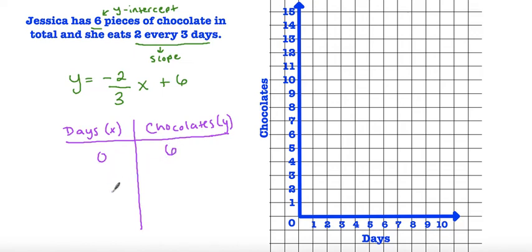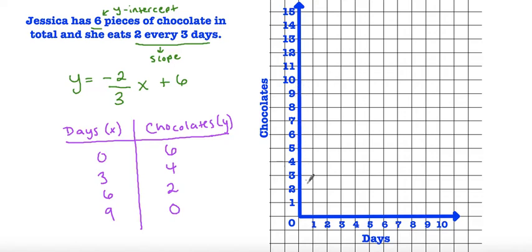So here we could count up by 1 day at a time, but we'll get a fraction for the chocolates. Instead, we could count every 3 days because every 3 days she's eating 2 chocolates. So 3 days, she eats 2, so she now has 4. Then after another 3 days, she eats 2, so now she has 2. And then another 3 days, she eats another 2, so now she ends up with 0.